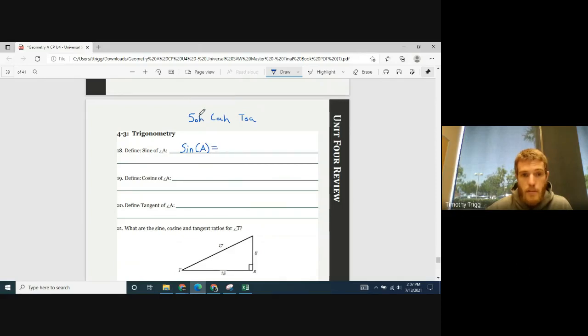So sine is opposite over hypotenuse. Okay. What about cosine of A? Well, cosine is adjacent leg over hypotenuse. Adjacent over hypotenuse.